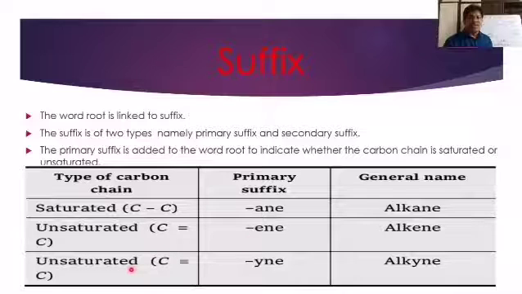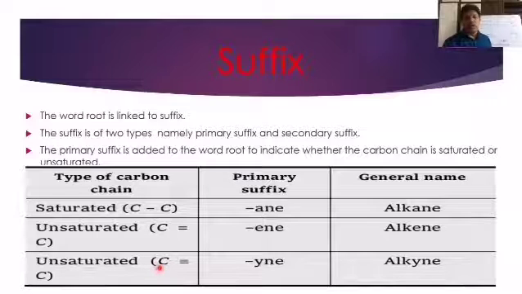And another type of unsaturated compound may contain C triple bond C. Here, of the three covalent bonds between the carbons, only one bond is a sigma bond, and the remaining two bonds are pi bonds. One sigma and two pi bonds here.